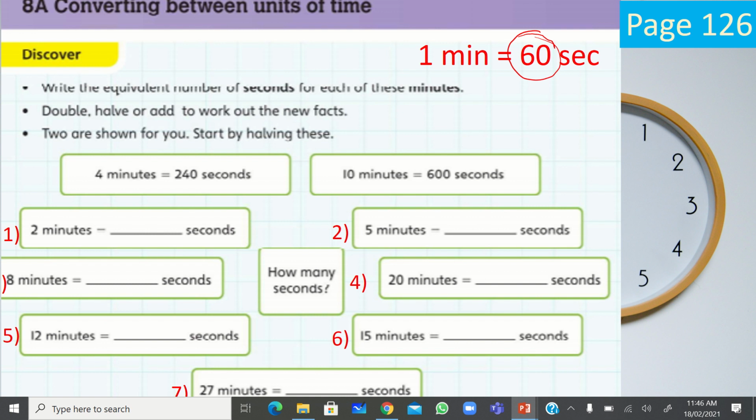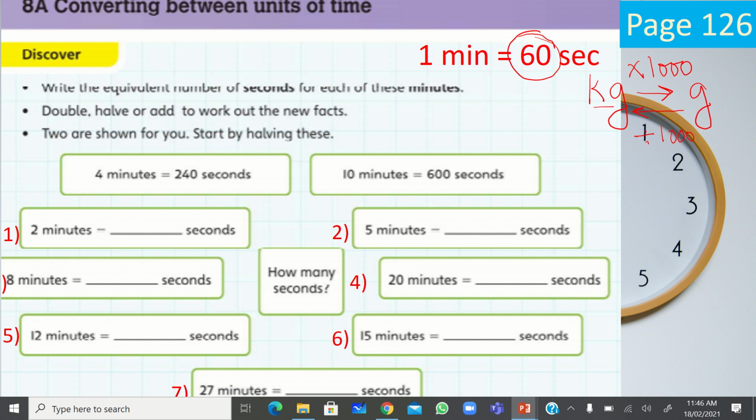Now just take a little review of what we did in conversion of mass and length. Let's say about kilograms to grams. We were moving from big to small, so we multiplied by 1000. And when we were moving from small to big, we divided by 1000.